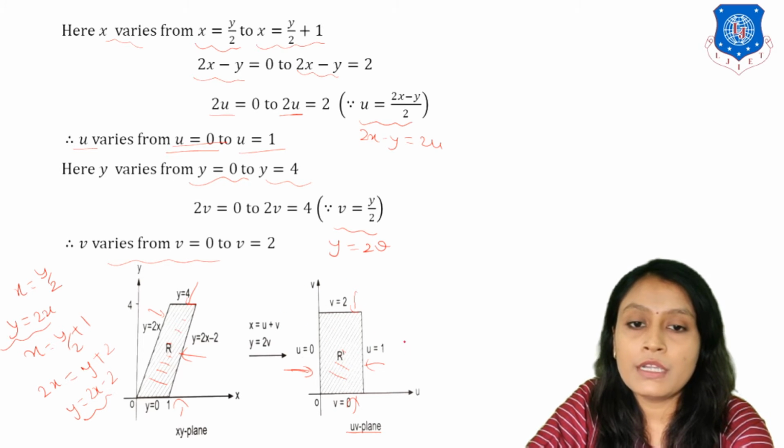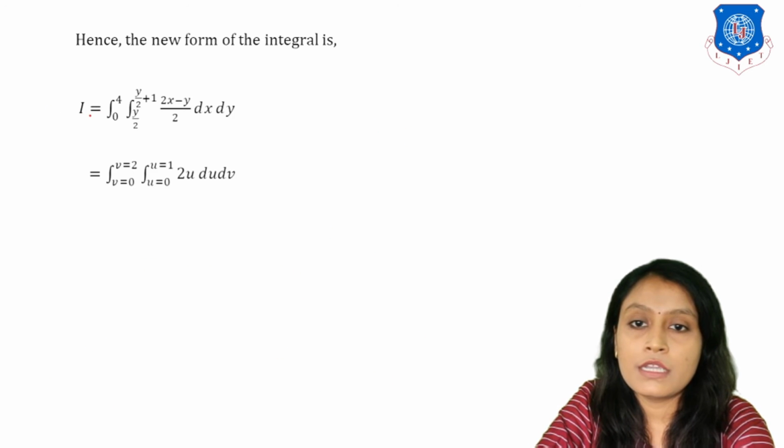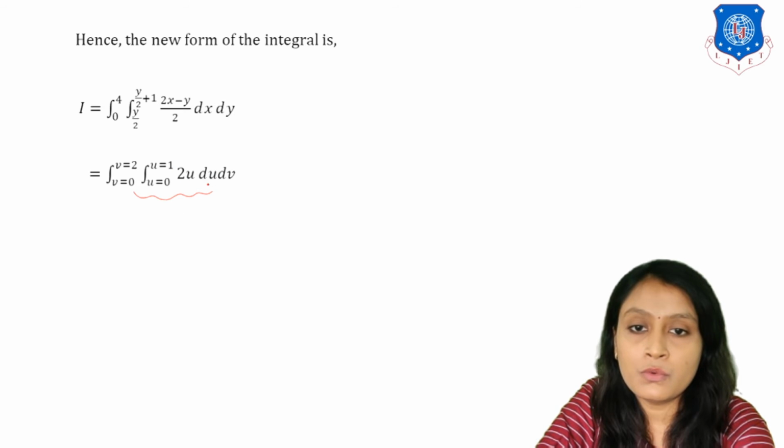Now we will evaluate the integration over this region R dash. So the integration I is equal to the integral from 0 to 4, y by 2 to y by 2 plus 1, of (2x minus y) upon 2 dx dy, which will change to the integral from 0 to 2, 0 to 1, of 2u du dv. Firstly we will integrate with respect to u. So the integral from 0 to 2, and this dv will remain as it is.